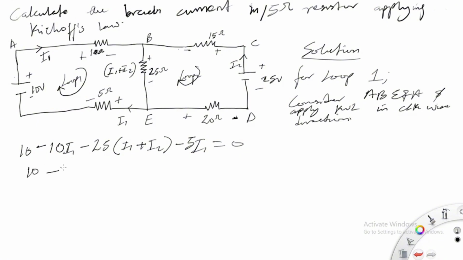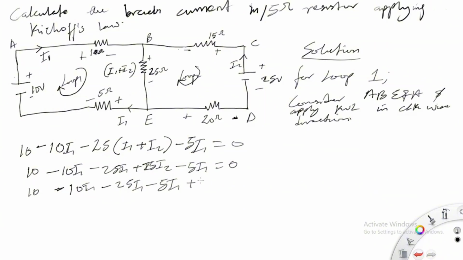We have 10 minus 10 I1 minus 25 I1 minus 25 I2 minus 5 I1 is equal to 0. By rearranging, we have 10 minus 10 I1 minus 25 I1 minus 5 I1 minus 25 I2 is equal to 0. Here we put all the like terms in one place.